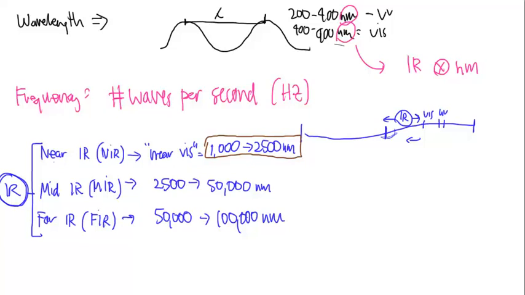But out of these three sections, there's one area that's the most important. And that one area is the mid-IR. That is the most important out of the three. And that's the area that we will talk about most often when we talk about infrared spectroscopy. This near infrared is a little too close to the UV or to the visible portion.